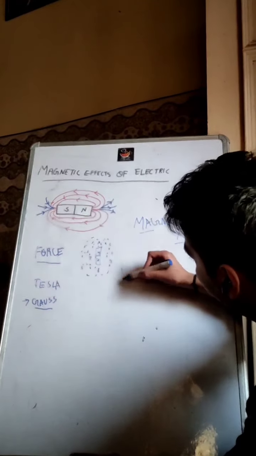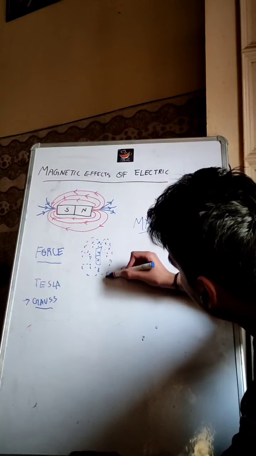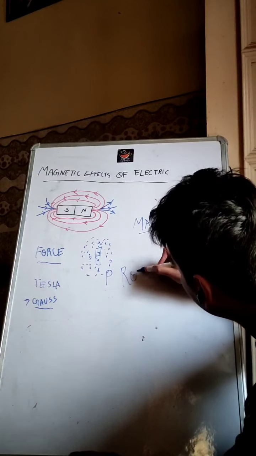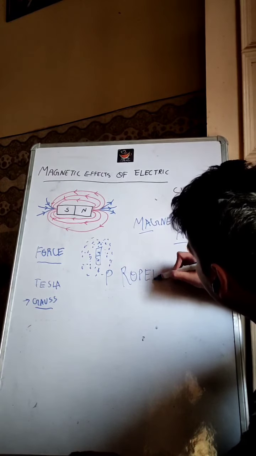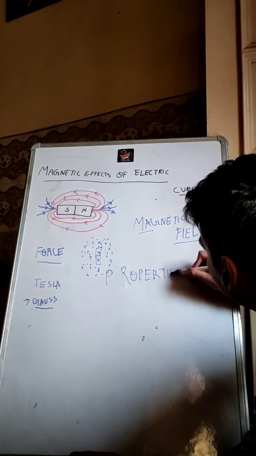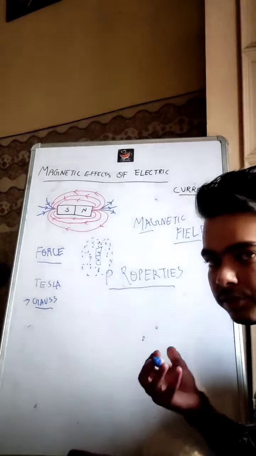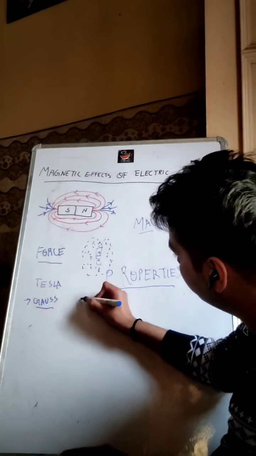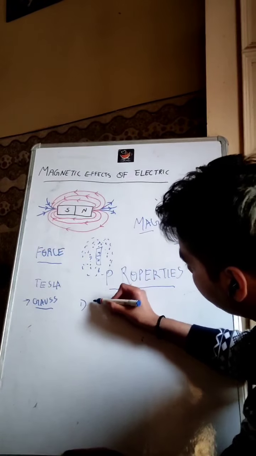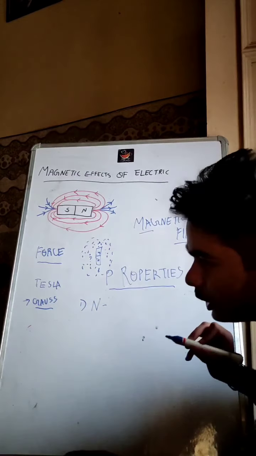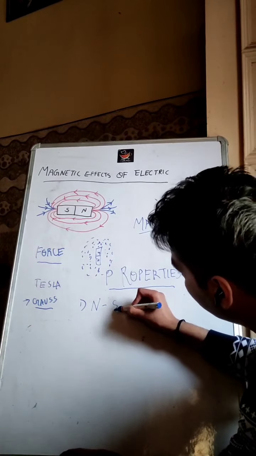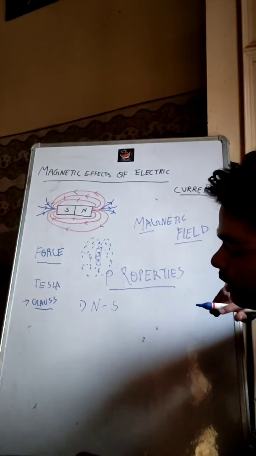Now, some properties. Magnetic field lines have certain properties and we will be discussing a few of them. The first: the magnetic field lines emerge from the north pole of the magnet and merge toward the south pole.